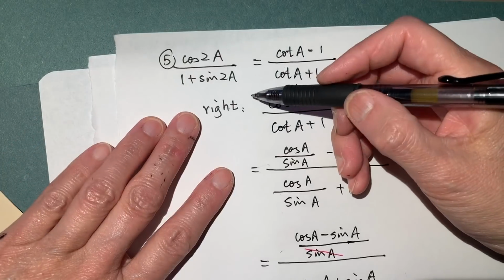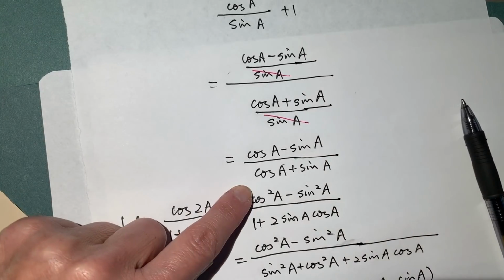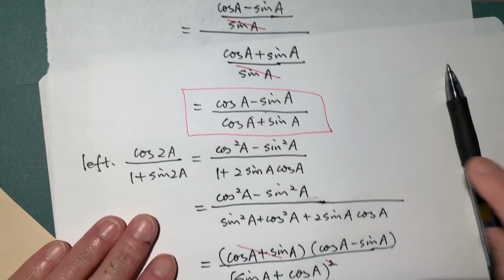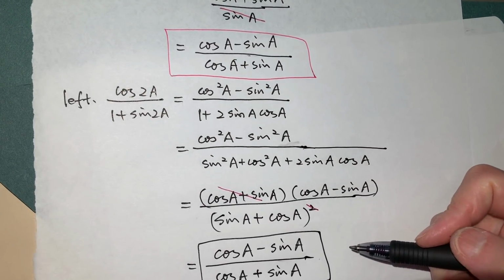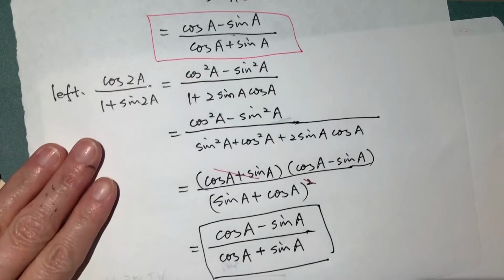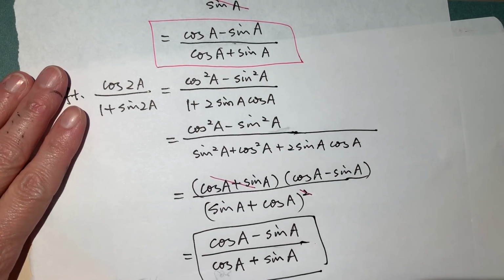On the right side, we get exactly the same result. So we are right. This identity, the teacher is right. This identity established. Thank you very, very, very much.